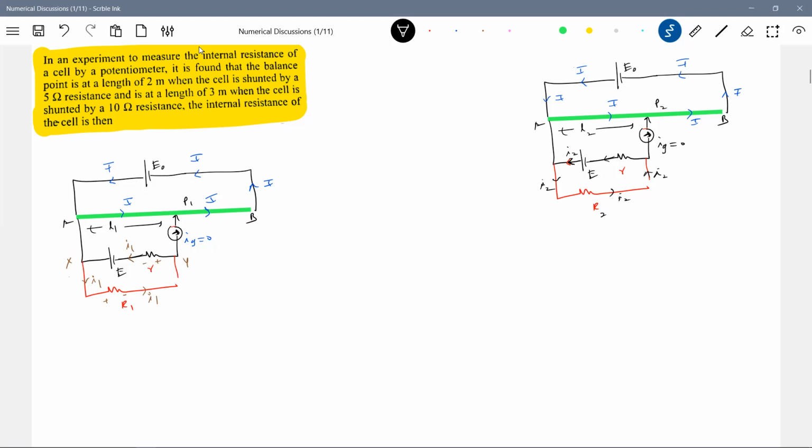The current through the galvanometer will be 0, and this is I2. Now this X, Y, Z. So let me use this word AB, some other symbols let me use. Two different situations are there. What is R1? R1 is 5 ohm.